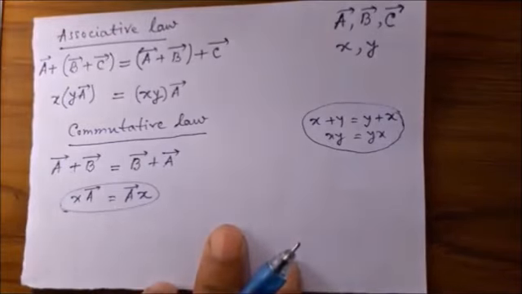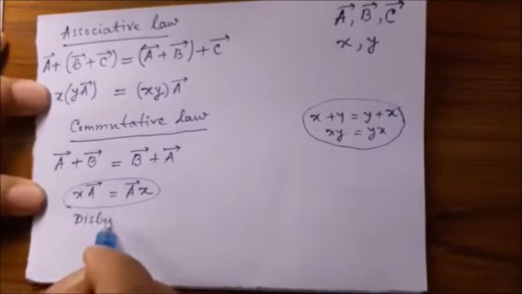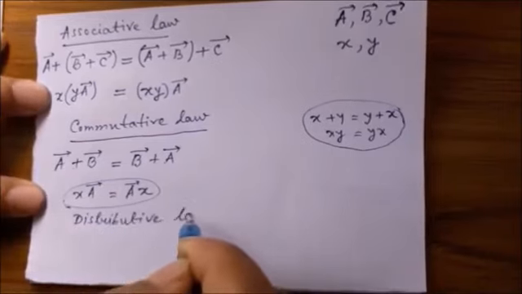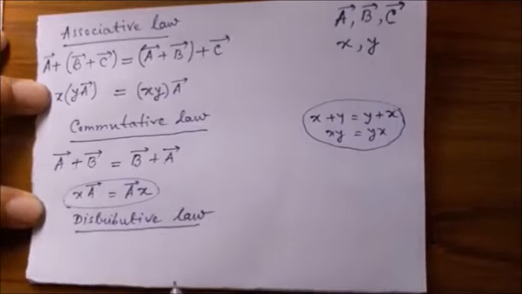Another law which vectors obey is the distributive law, which tells us how to distribute the vectors.